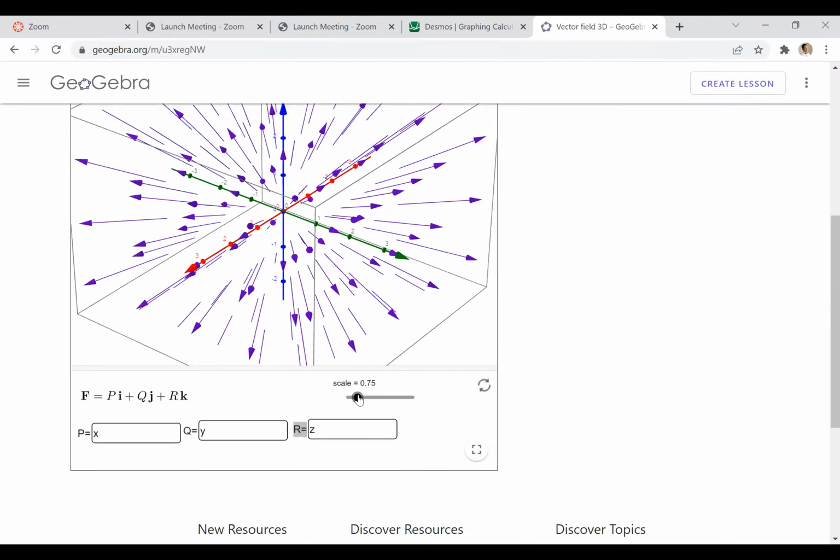Partial derivative with respect to x of fy. So yes, y squared z squared x. Okay.